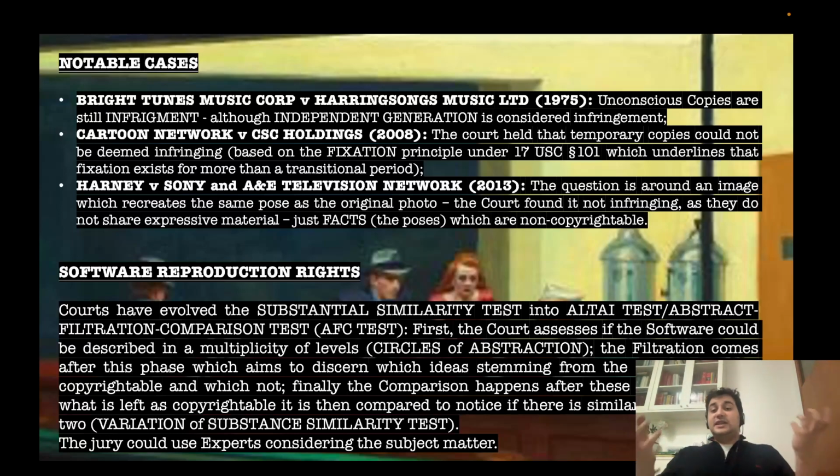So there is a very fragile equilibrium between infringement and non-infringement, because independent generation is non-infringement, but unconscious copies are infringement.